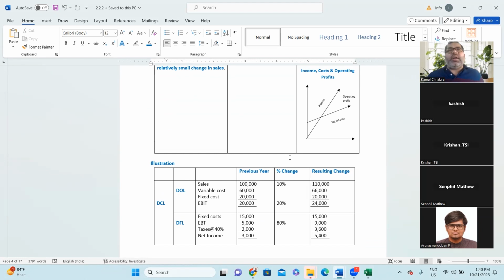If you remember, when we started this BAR class, I told you almost 30 to 35% of your exam will come from the application of the concept which you are studying. Hence the application is very important. So let's do a few practice questions to understand application of operating leverage and financial leverage.